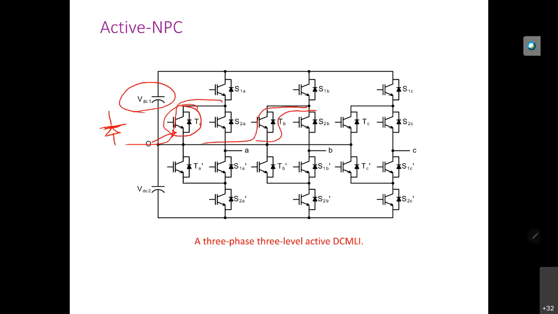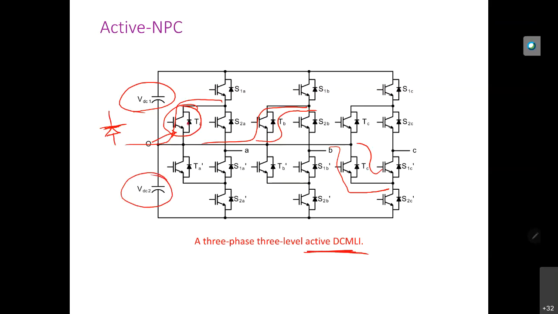Similarly, in the bottom one, the current can flow in this direction or in that direction. So this capacitor can be charged or discharged by appropriately routing the current. This is known as the active neutral point clamped, or active DC MLI.